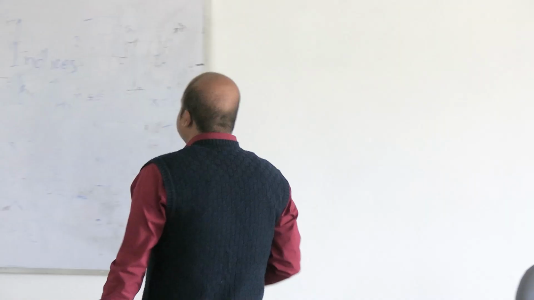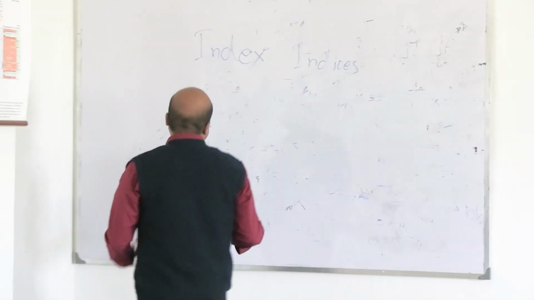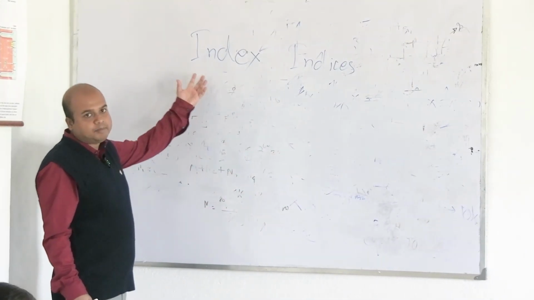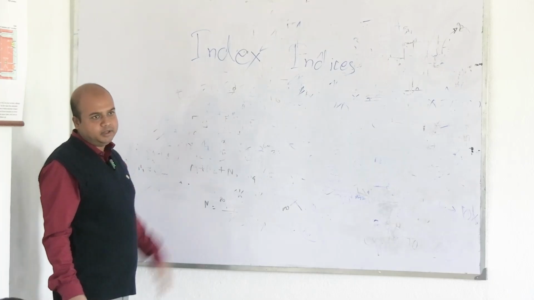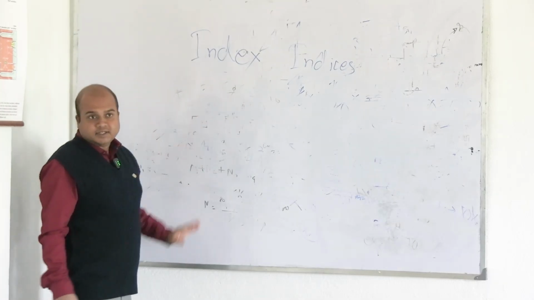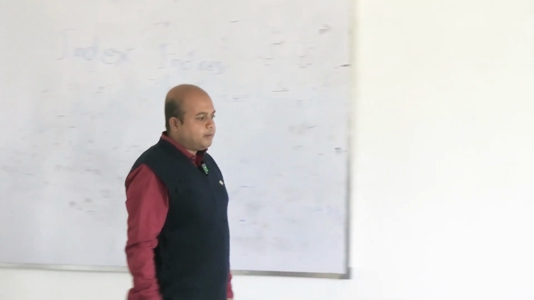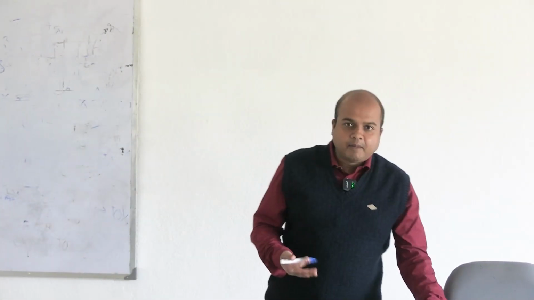So plural is indices. By RBC indices we mean some parameters related to the red blood cell.